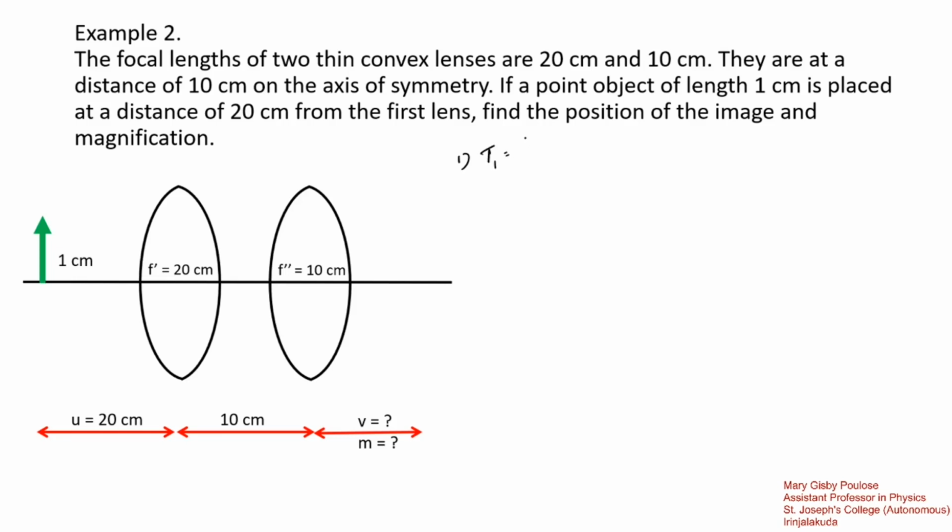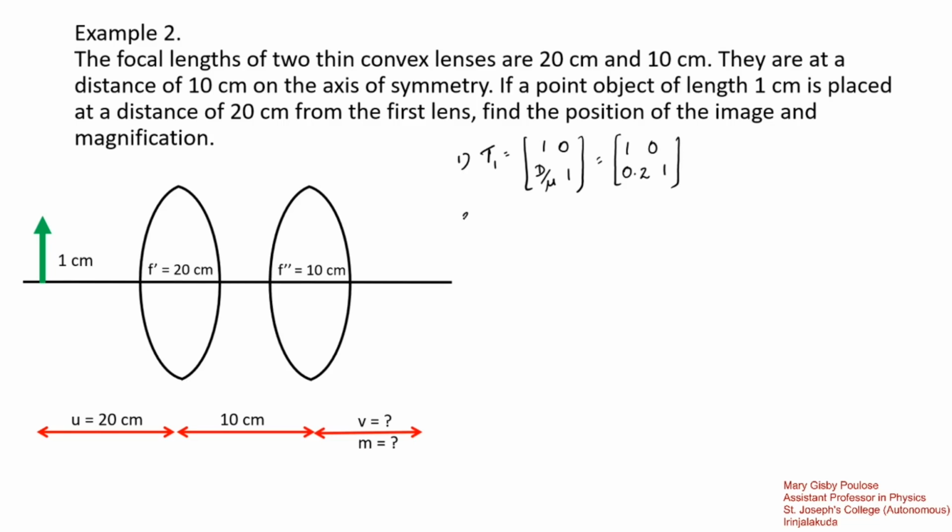It can be represented by the matrix 1, 0, d by mu, 1. Here the values will give 1, 0, d is 20 centimeters, which in meters becomes 0.2, and again 1.